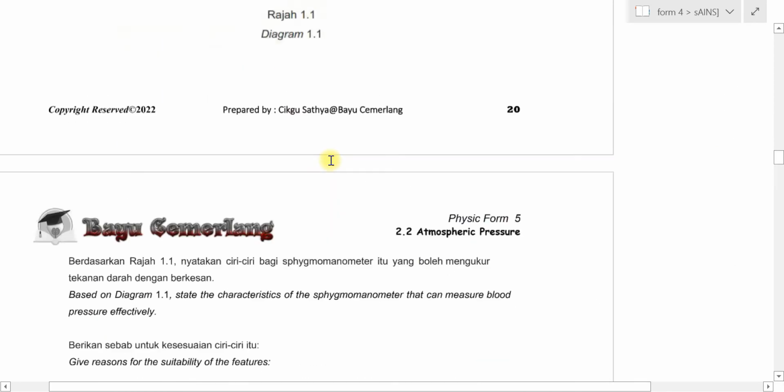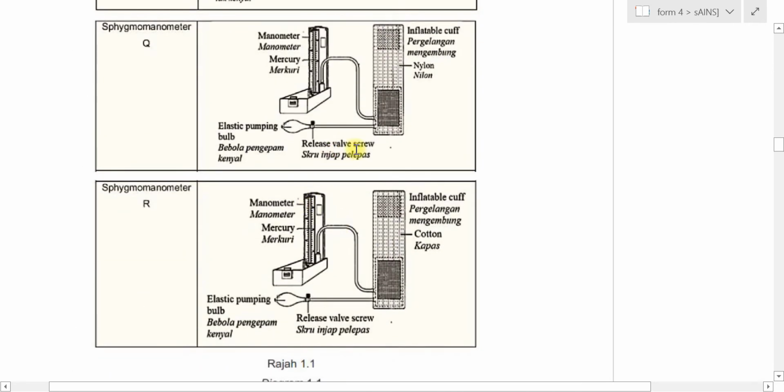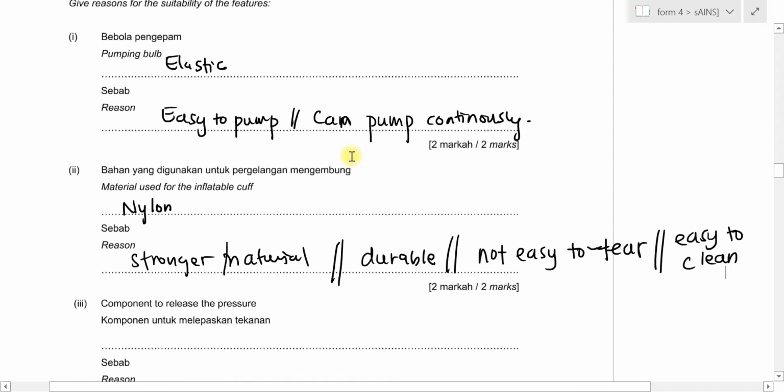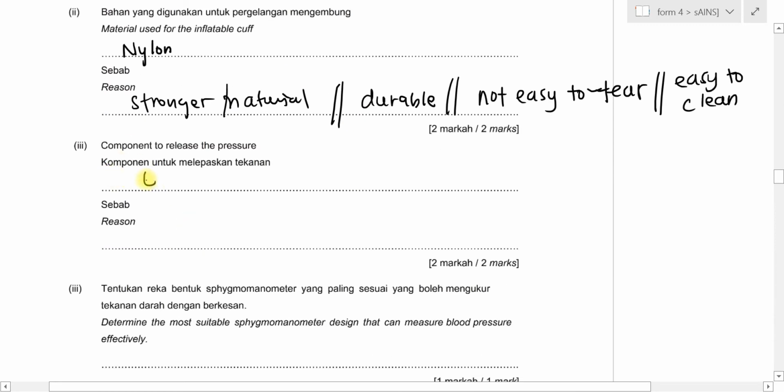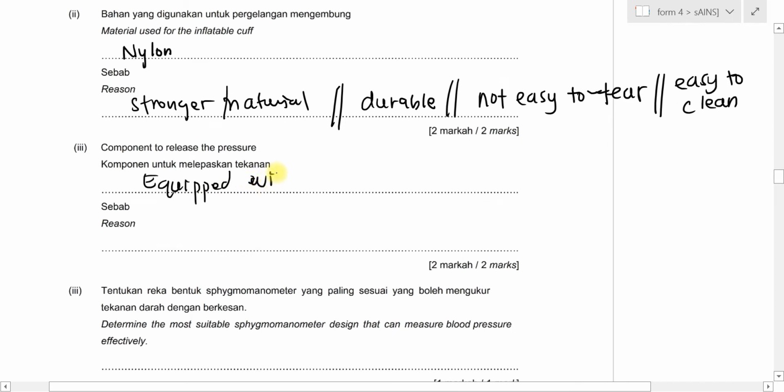Component to release the pressure: we have a release valve screw. Equipped with release valve screw. Normally why do we have a release valve? We already learned in the Pascal principle. We want to return to its original condition easily.